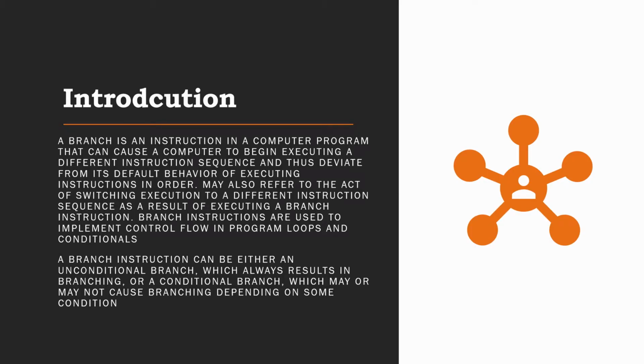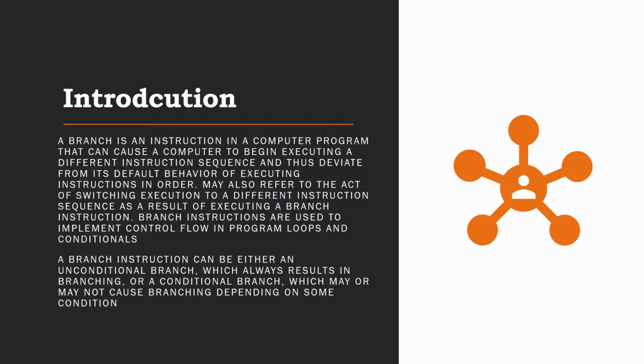A branch is an instruction in a computer program that can cause a computer to begin executing a different instruction sequence and thus deviate from its default behavior of executing instructions in order. It may also refer to the act of switching execution to a different instruction sequence as a result of executing a branch instruction.